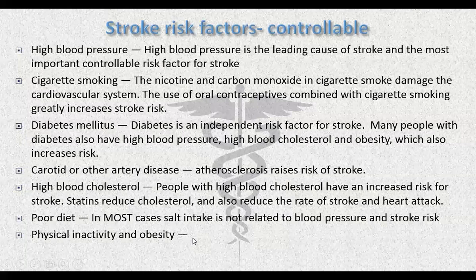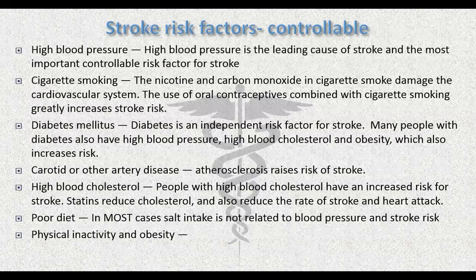There's also a link between physical health and stroke, so that people who are very inactive and those who are obese are going to be at a higher risk of stroke. A lot of this basically just comes down to the blood supply, as you would expect.